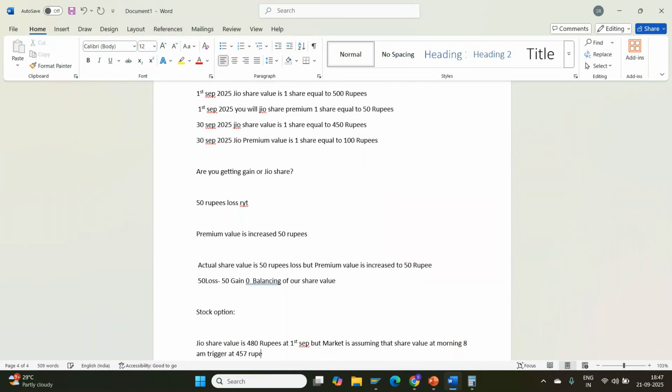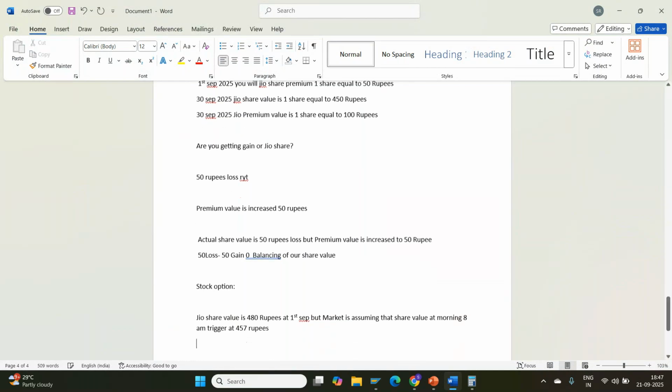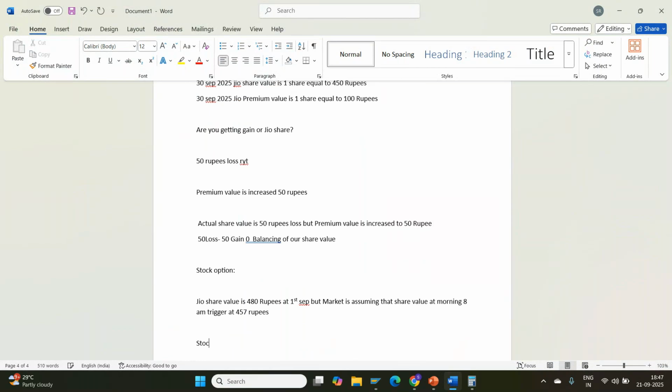And future stock, that Geo share on 1st September evening 3 o'clock might reach 500 rupees.